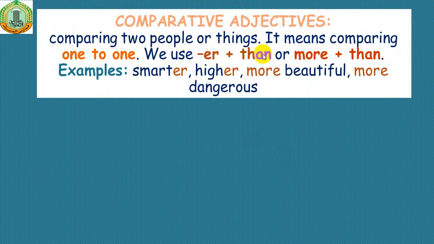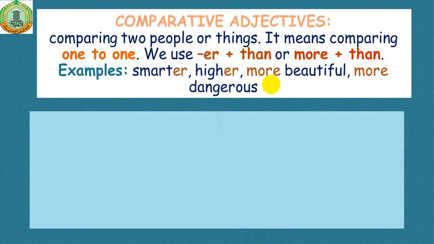We use er plus than or more plus than, depending on the adjective, whether it is short or long. For example, smart, a short adjective, I add er. High, higher. Beautiful is a long adjective, I use more beautiful, and the same goes for dangerous, more dangerous.